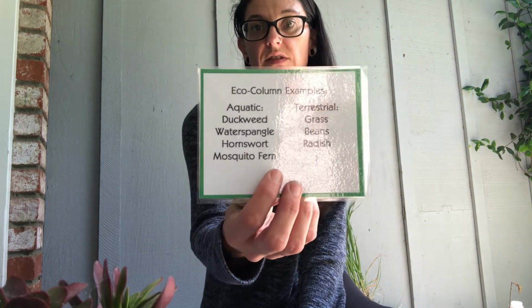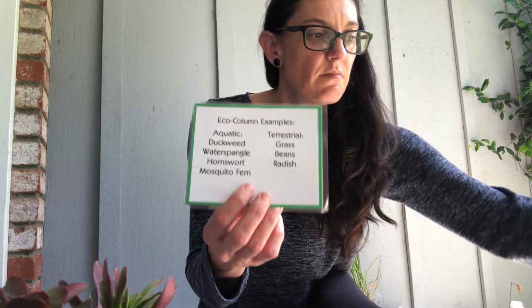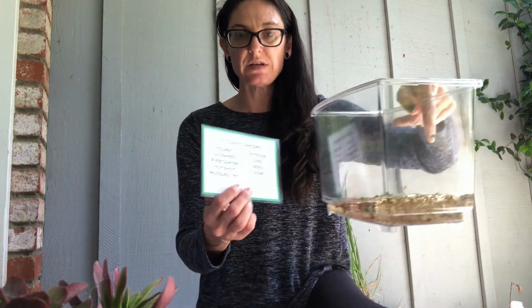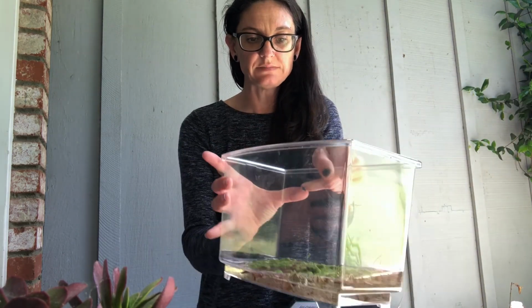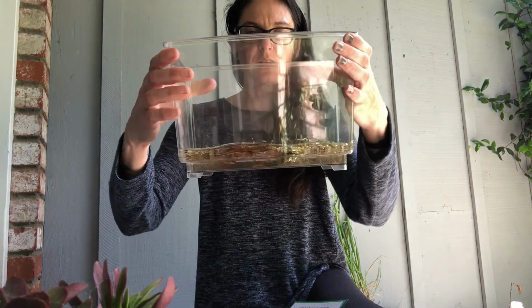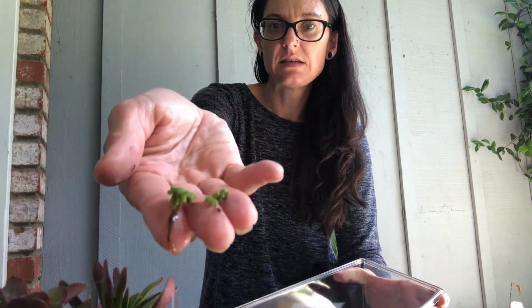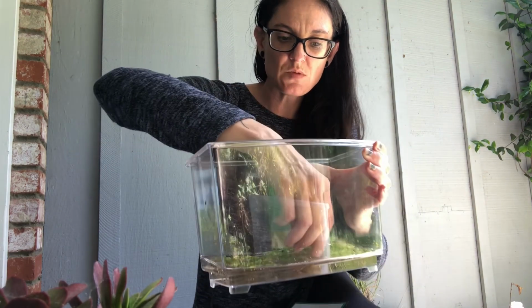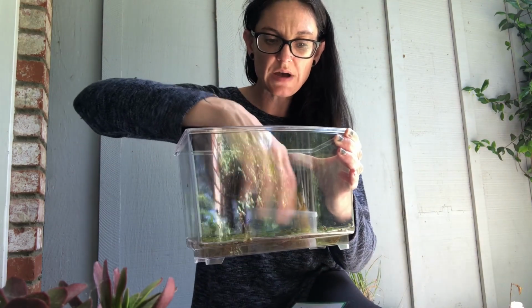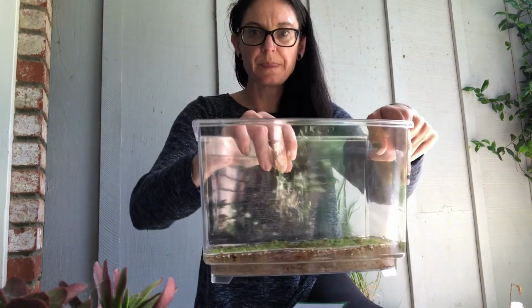In the aquatic level, what we're going to use in the ecosystem that we build here at home is duckweed. Okay, so I found this in a pond. It is an aquatic plant that floats on top of the water. Okay, we're going to talk more about what the plants actually do in the ecosystem once we get to that section. But this is what our producer in the aquatic level will be.